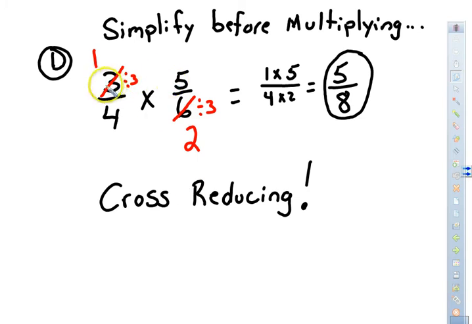Otherwise, we'd end up with 3 times 5, which is 15, and 4 times 6, which is 24. Just a lot bigger numbers instead of using smaller numbers like 3 and 6, numbers that are a little easier to see the greatest common factor in.